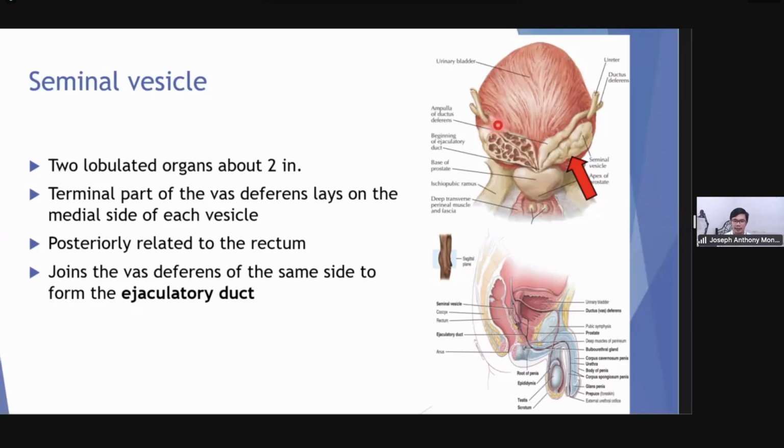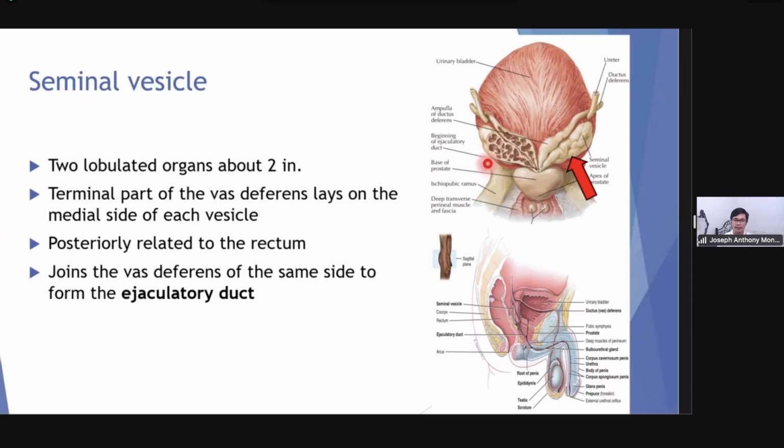This is your seminal vesicle, which is present on each side. The terminal part of the vas deferens lies on the medial side of each vesicle. So take note that your ampulla of the vas deferens is medial in relation to the seminal vesicle.